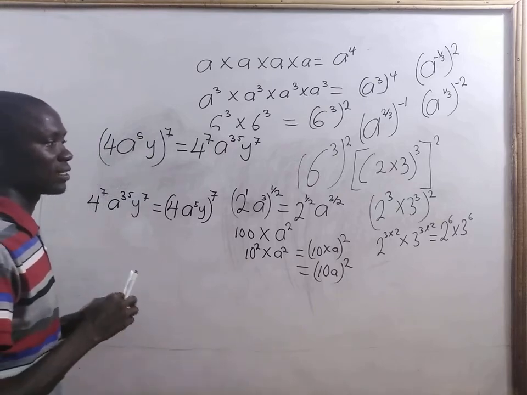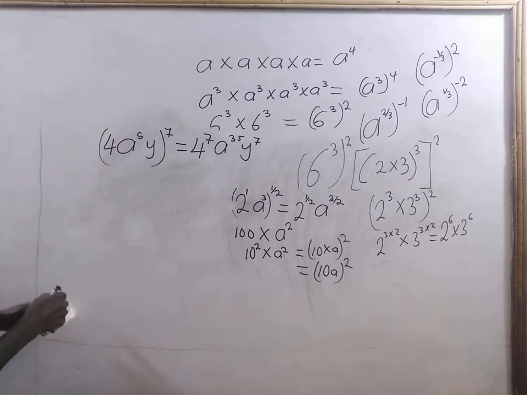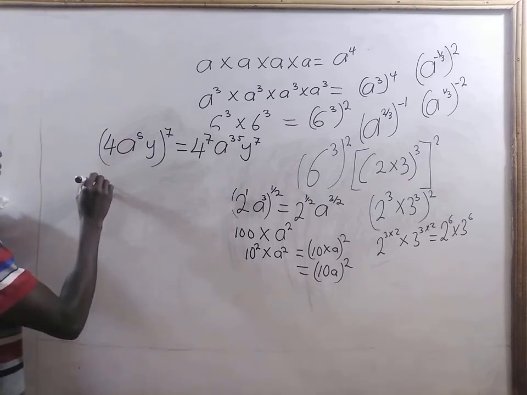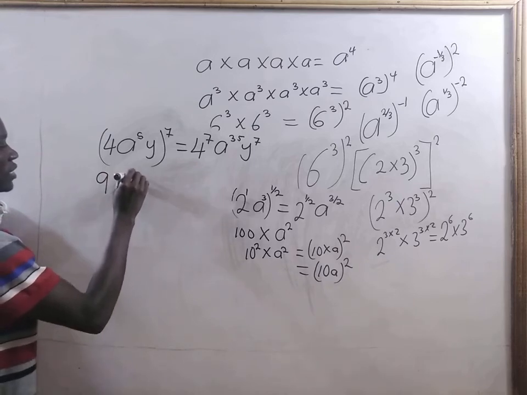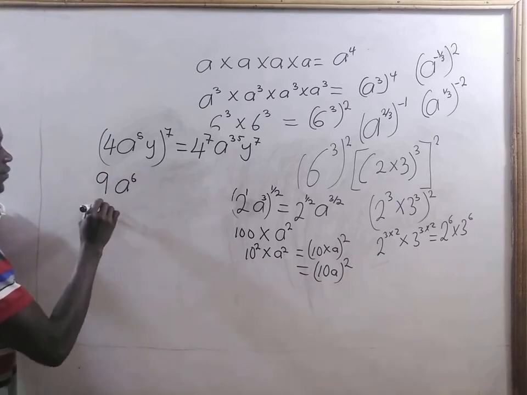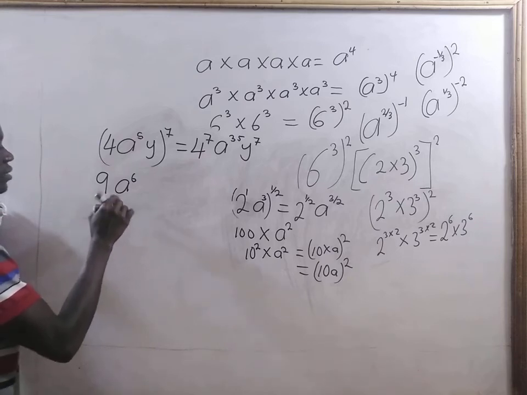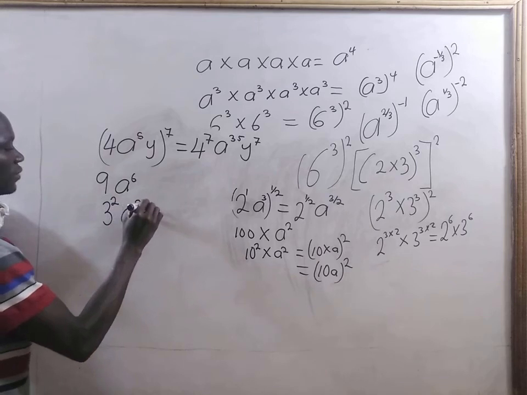I want you to get this better. Let's say that I have 9 times A power 6. Now, 9 is 3 squared, and A power 6 is A exponent 2 times 3.